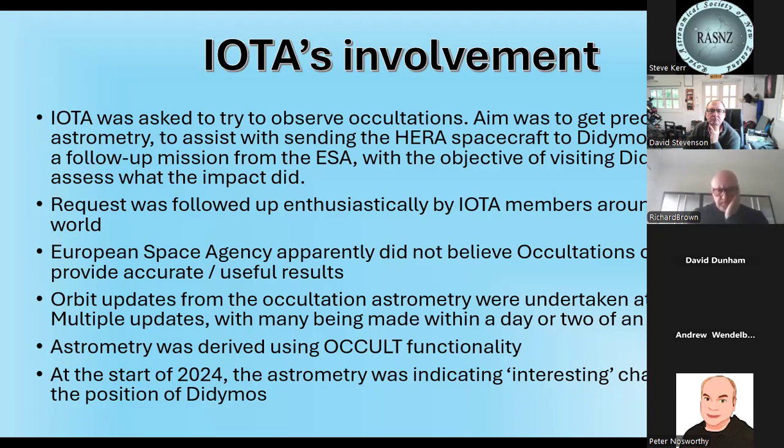We're in a position that people would make an observation, the observations would come through to me, and within an hour of me getting the observations, the astrometry was going to JPL, and for many instances, the orbit was updated within an hour.